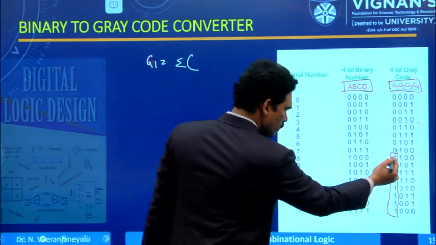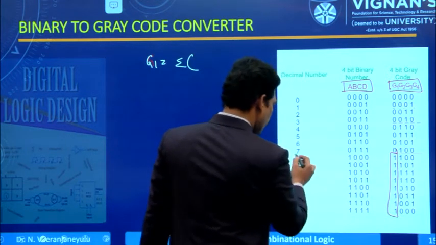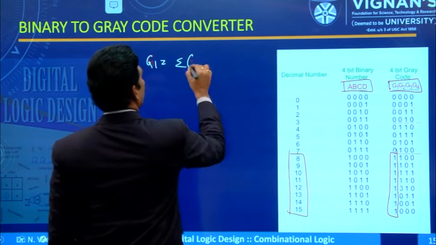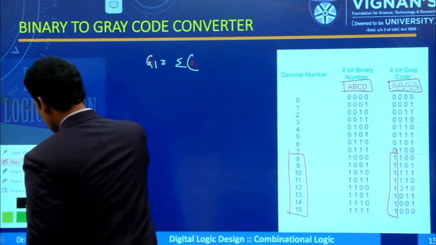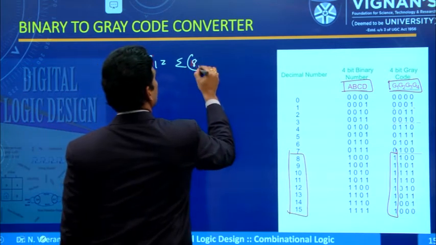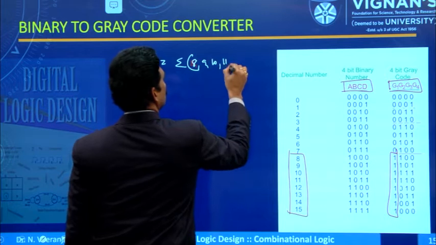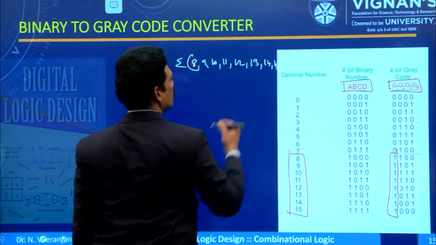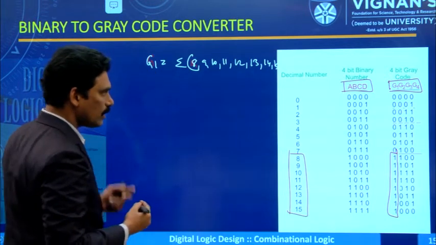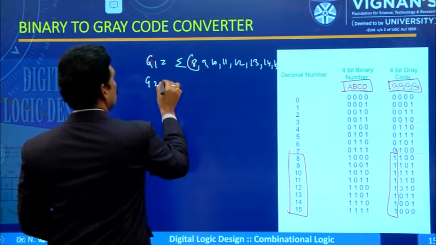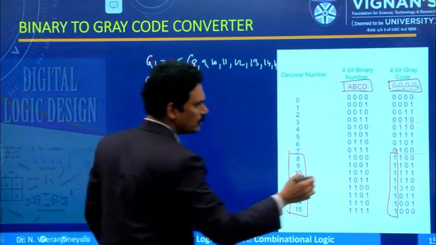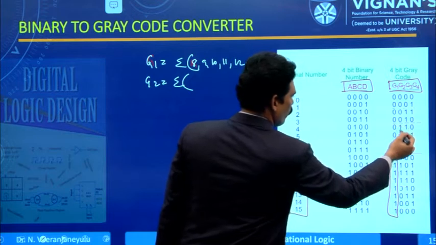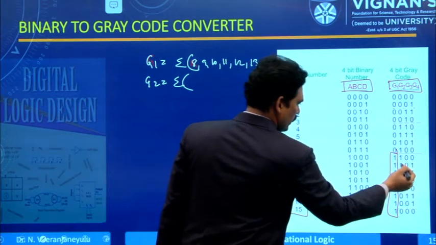So, we have to write the corresponding 8 to 15. The combinations are 8, 9, 10, 11, 12, 13, 14, 15. These are the combinations for G1. Next, what about G2? G2 is equal to sigma. G2 is 1 here and this is 4, 5, 6, 7, 8, 9, 10, 11.